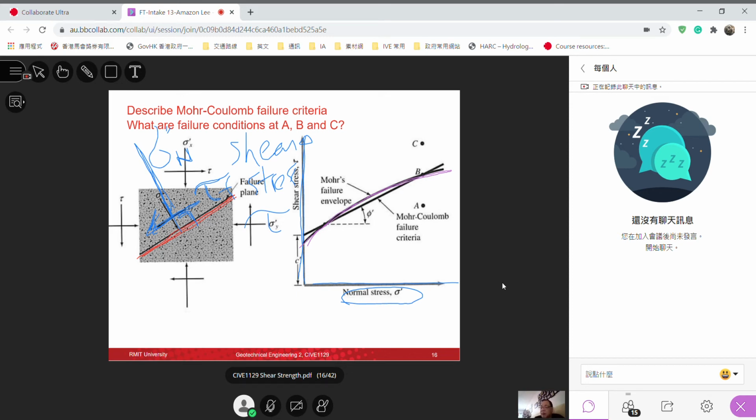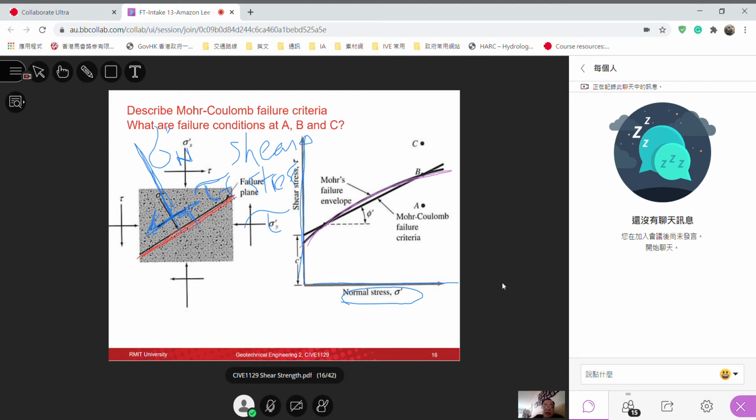So Professor Moore came along. They are all British, and they are friends. In fact, Professor Moore was a student of Professor Coulomb. After Moore got his PhD, he became a famous researcher and worked with his PhD supervisor, Professor Coulomb, again to find the best way to represent the failure of the soil.